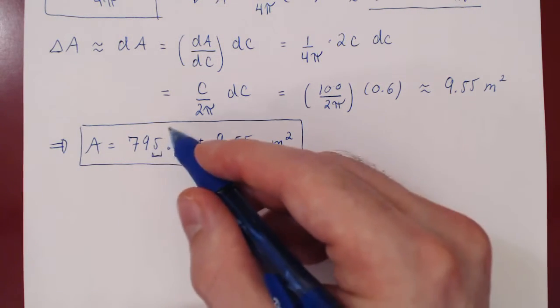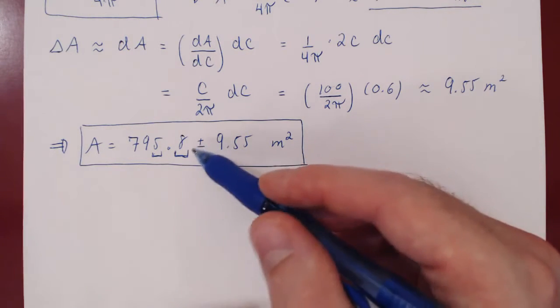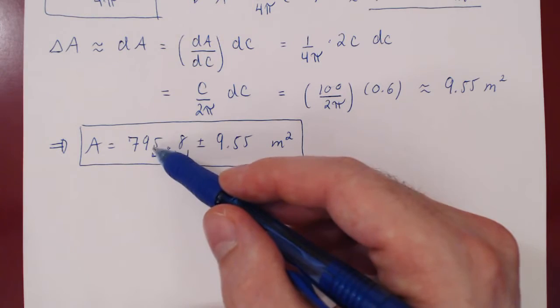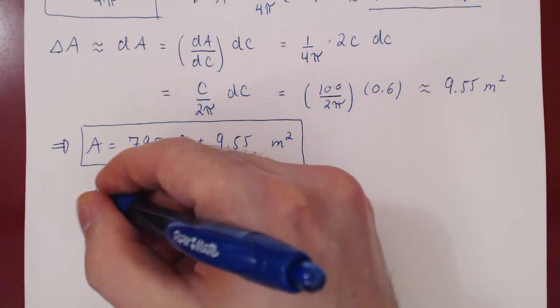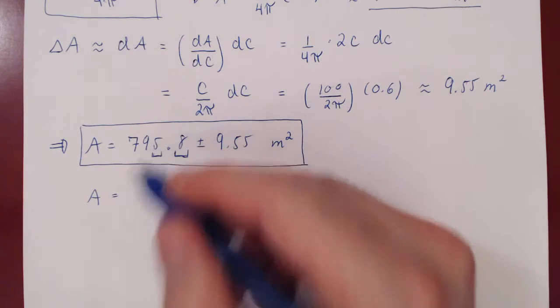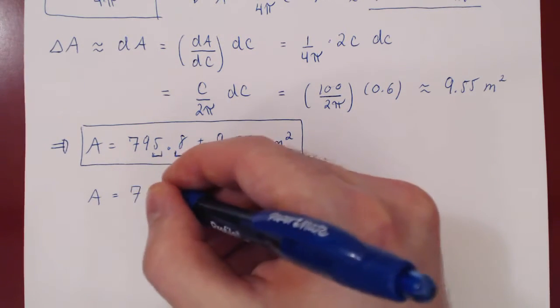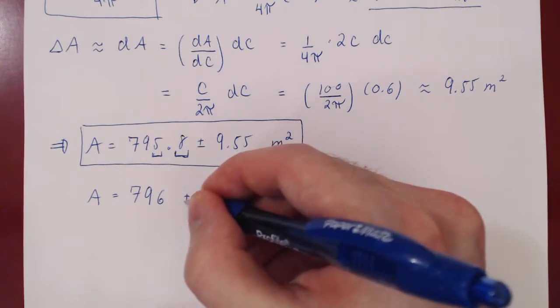Even this one we may not be accurate because the error could be as big as 10 meters squared. So this could also be inaccurate. So you could just say that A, if you want, you could round up to 795 or 796, and that would be a more reasonable estimate.